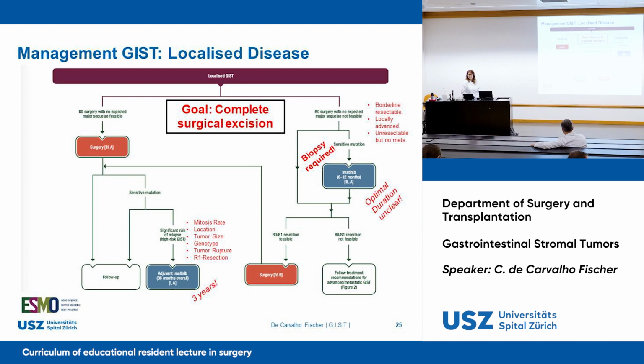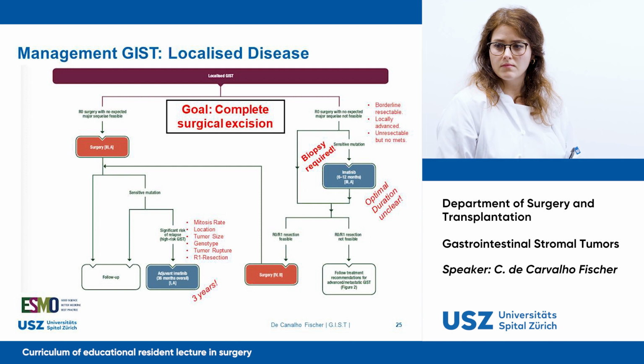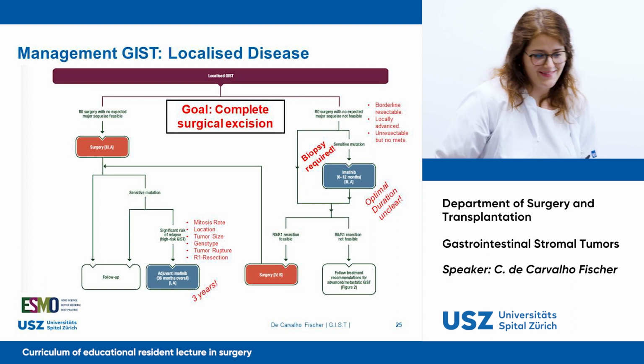As those cases are so rare, it's a very difficult decision. But the French have done a study within their group, and they could show that enucleation achieves equal oncologic results. So in the esophagus, we have a different attitude. We can perform enucleation of the tumor instead of resection of an esophageal segment.